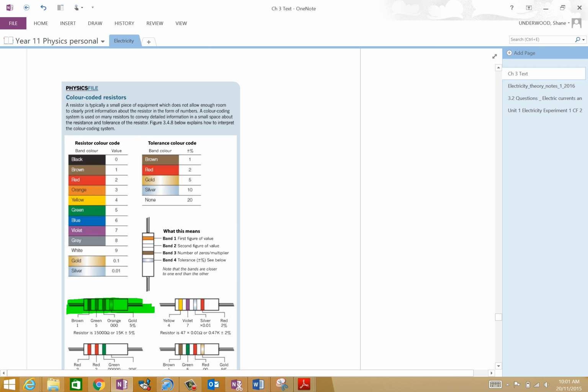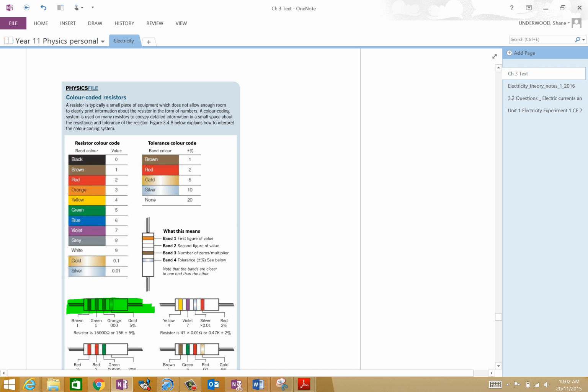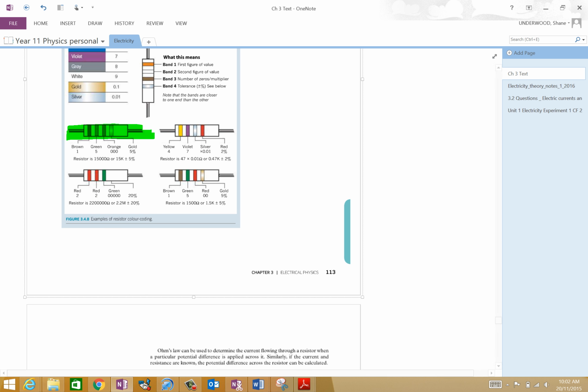What we're really concerned about is not the gold and the silver. We're really concerned with the colour. So I would stop at W for white. Okay? So now we might have a look at that as well.